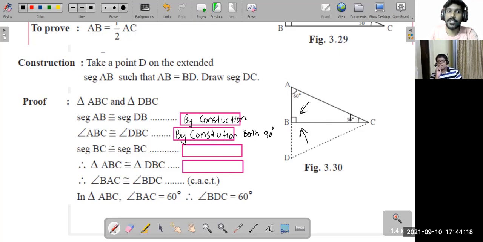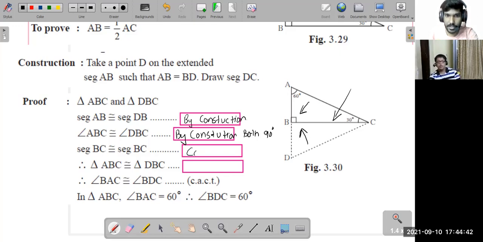And now segment BC is congruent to segment BC. Why? In both the triangles, BC is congruent to BC because it is the common side.